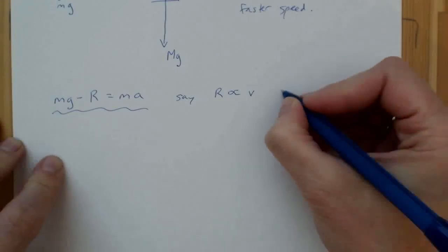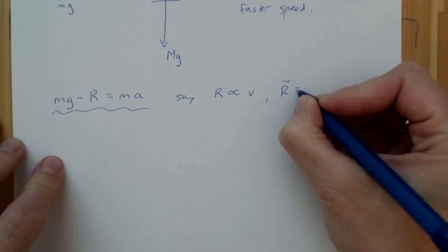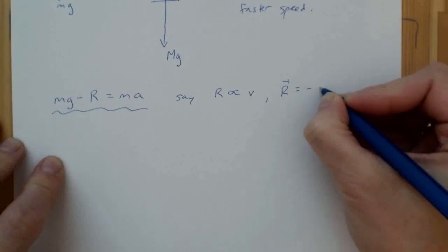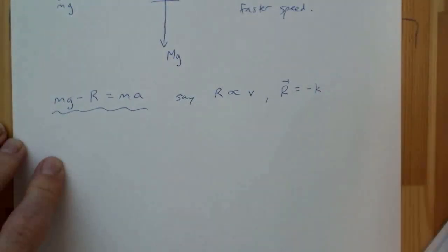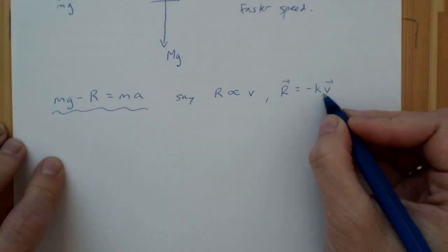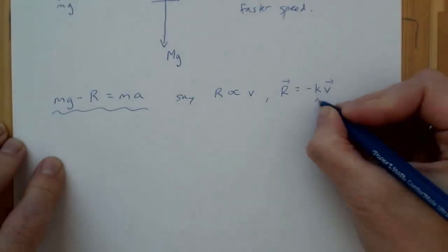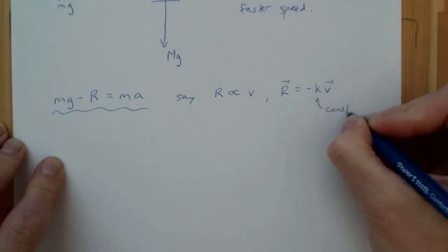In that case, it turns out that we can write that R, the vector R, is going to be equal to negative times a constant times the velocity vector, because it's always going to point opposite the velocity, right? It's a resistive force. K here is a constant.